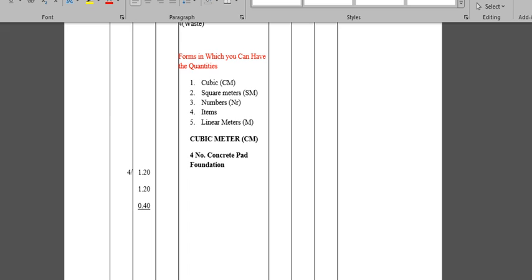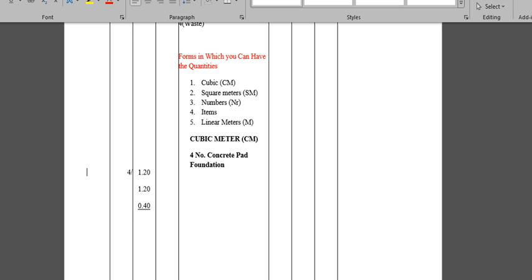The first one, 1.2, is the length, but because it's a square there is not much difference between the length and the width. If it was a rectangular pad foundation, the first one would be your length, the longer one.